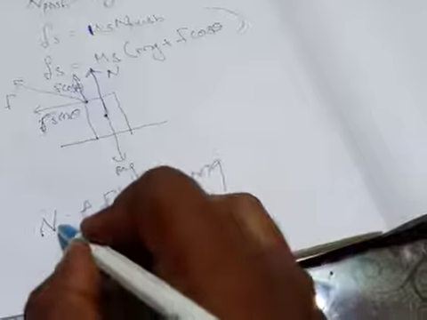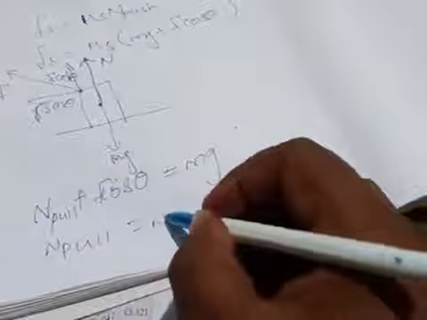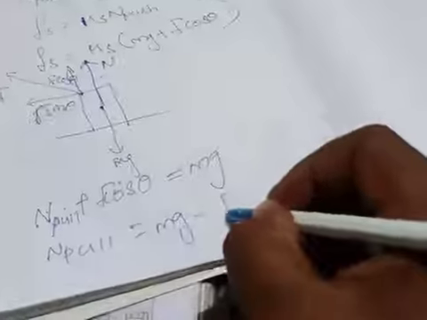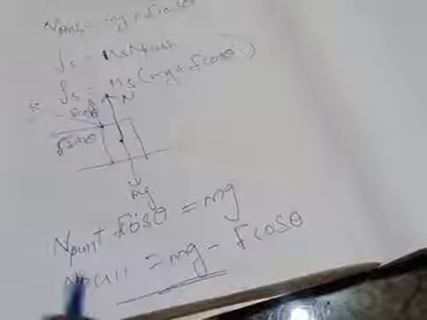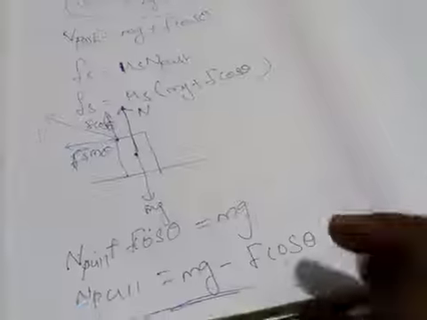So N pull is equal to mg minus F sin theta. Now the downward force is reducing, so it will be very easy to pull an object compared to pushing an object.